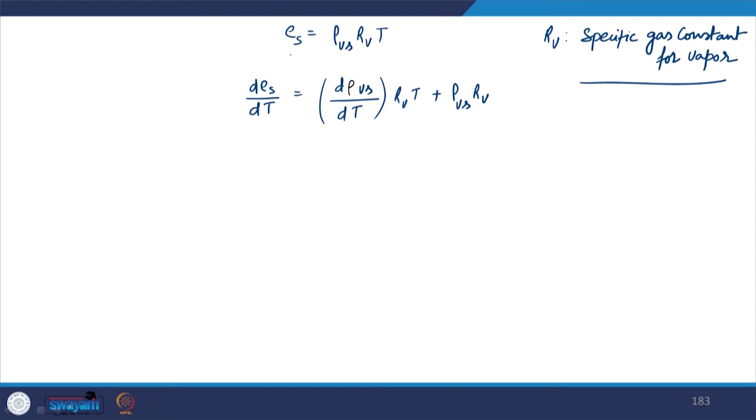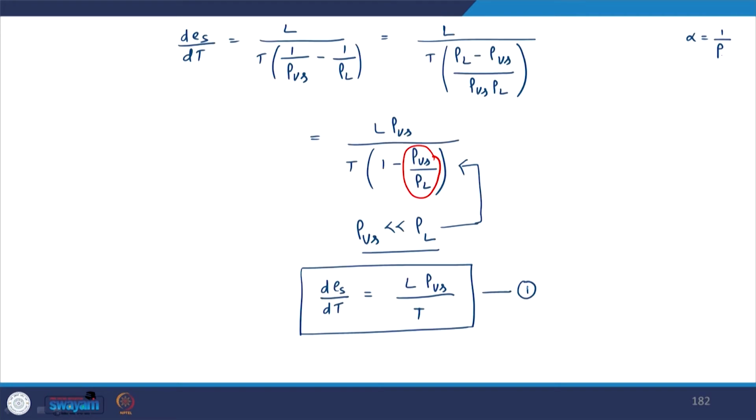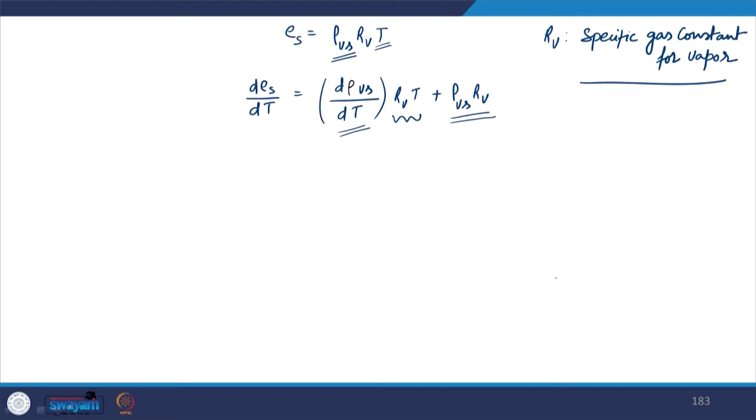So, this is just a derivative of the saturation vapor pressure with respect to temperature. So, this is now a function of temperature. So, this term appears here, RVT appears as it is. Then the rate of change of temperature with respect to the temperature is 1. So, the remaining part comes as the second term in the equation. So, let us call this equation, let us say we have this equation as A, and now let us call this equation as B.